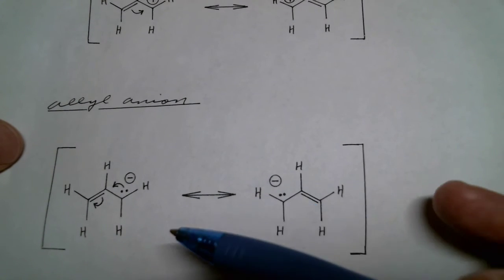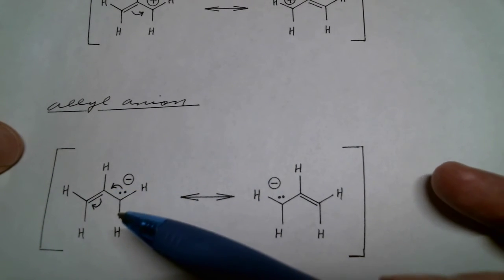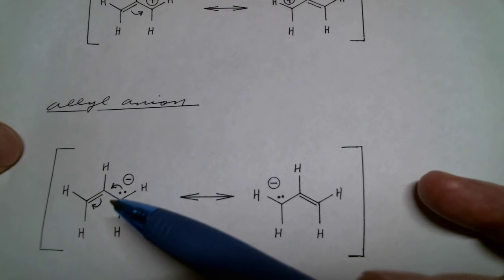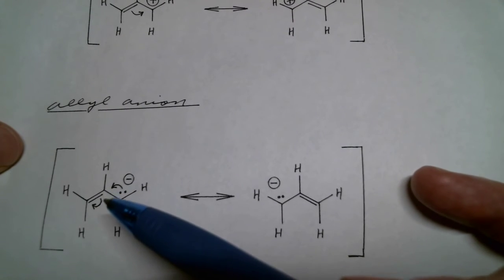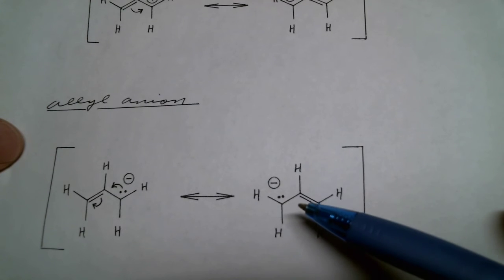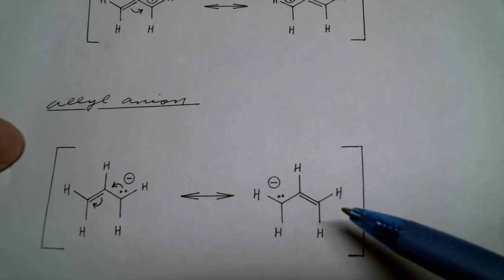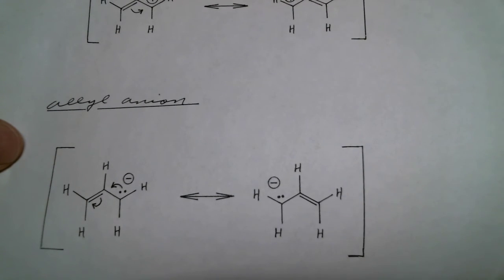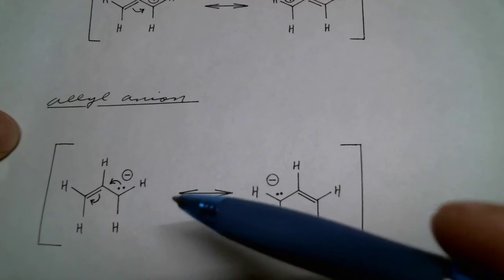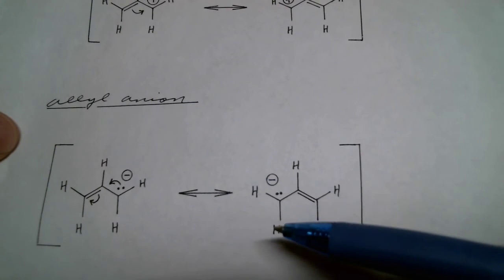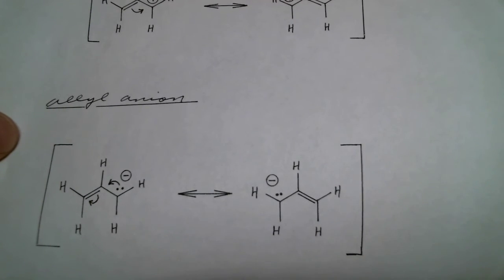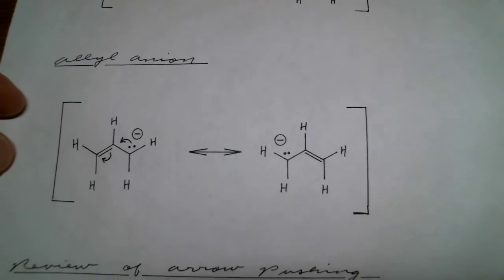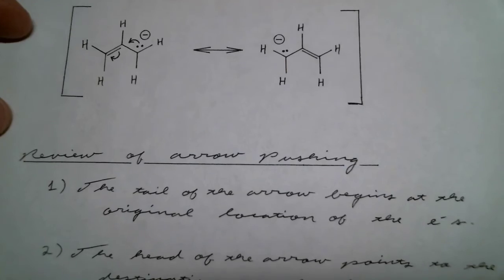To get to the other resonance form, we simply take these 2 electrons, pretend we're forming a double bond between this rightmost carbon, maybe call it carbon 3, and carbon 2, but if we do that, we have to push these 2 electrons in this double bond all the way over onto carbon 1. And so we draw the resulting resonance form, and we see that now carbon 1 has a pair of electrons and a formal minus charge. And of course, neither resonance form is the complete description of this allylic anion. They're both true somehow. And like I said, we'll see the deeper depiction of this system in perhaps our last lecture video.